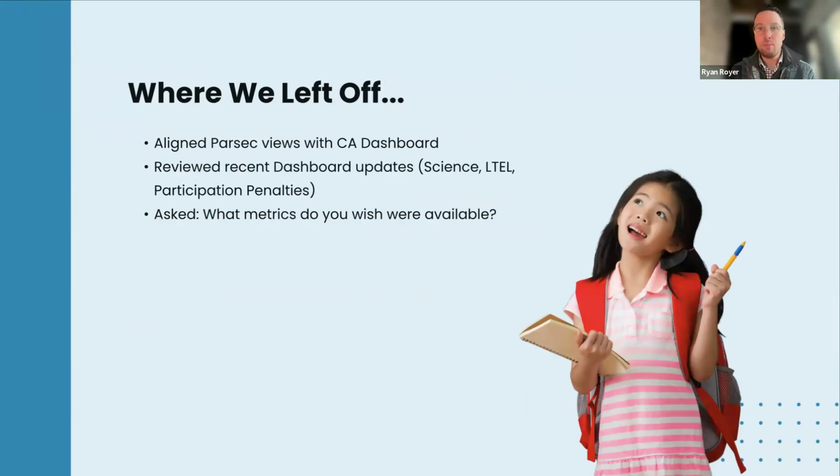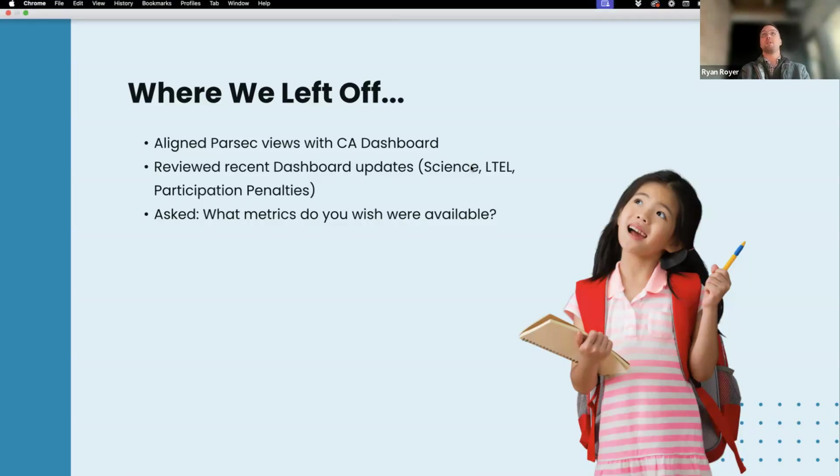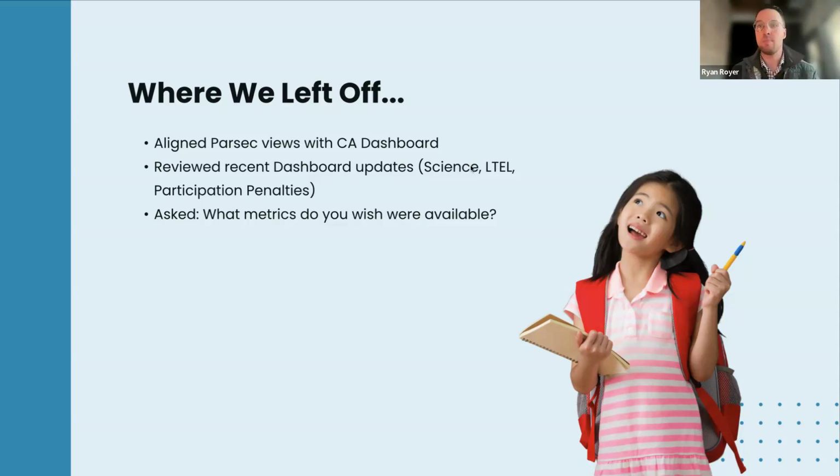What's there that's easier to access than with the California School Dashboard? What isn't available on the California School Dashboard? Some calculations we run on our side, and some of our philosophy around the data and its shortcomings. Then we spent some time asking what metrics you'd be interested in seeing pulled in from public research file data. So that's where we left off.